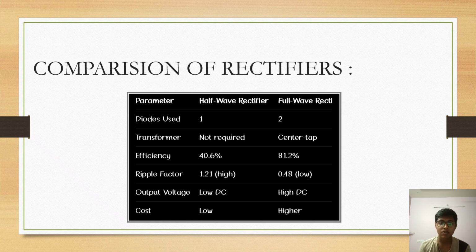Ripple factor is 1.21, very high, for half wave, and 0.48 for full wave. Output voltage is low DC for half wave and high DC for full wave.